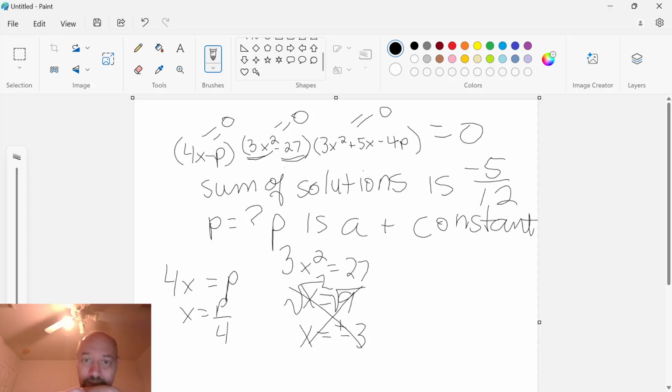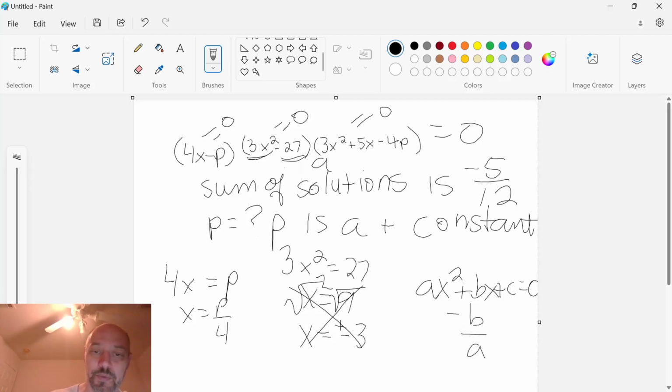Now, this next one, probably College Board is going to tell you to use the quadratic formula. But there's another thing you can use. When you have an equation that looks like ax squared plus bx plus c equals 0, the sum of the solutions is negative b over a.